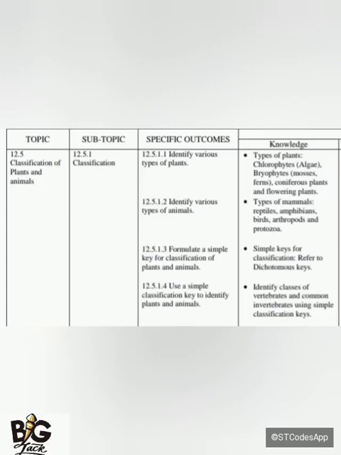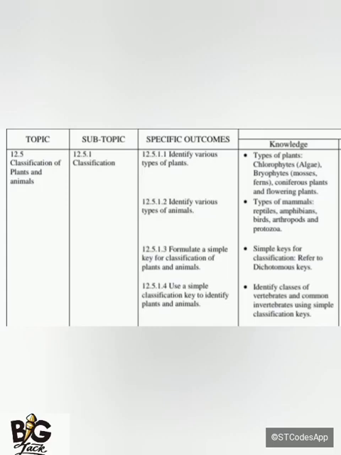So the next one, you need to use a simple classification key to identify plants and animals. Before I jump to the next one, if they ask you to use a simple classification key, they are just asking you to identify.